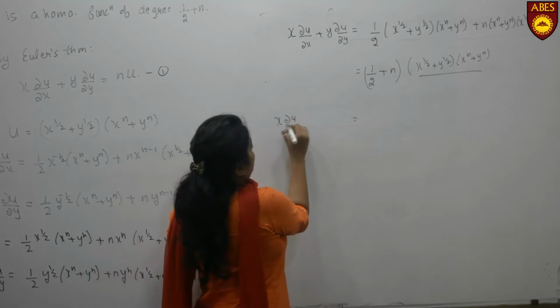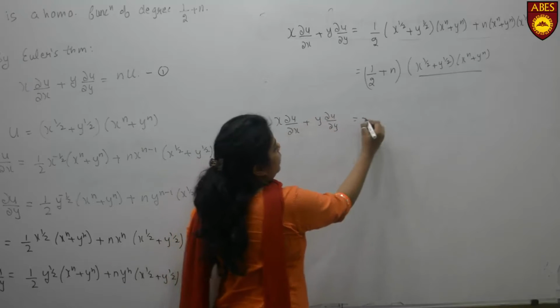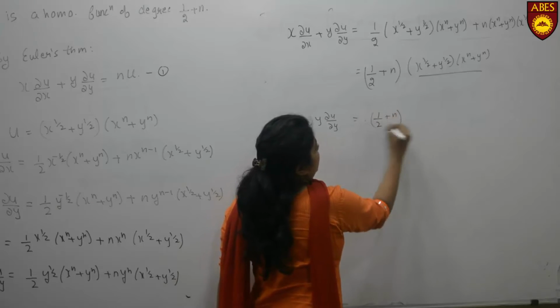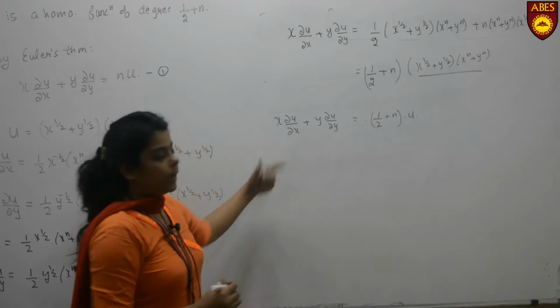So x del u by del x plus y del u by del y equals 1 by 2 plus n into u. So this is the result of the left hand side.